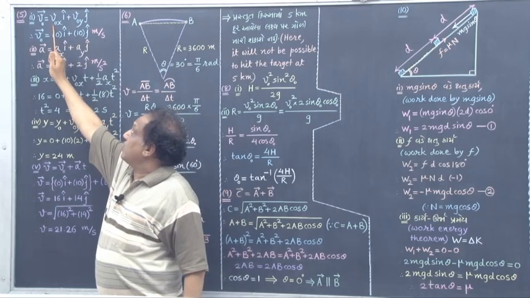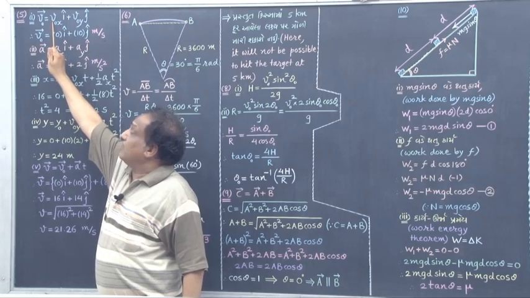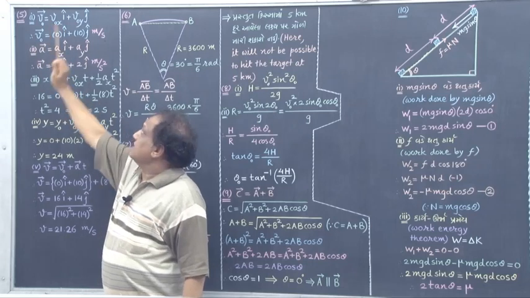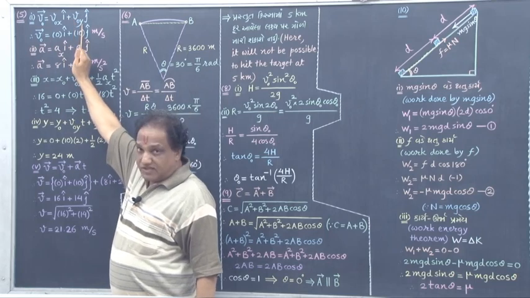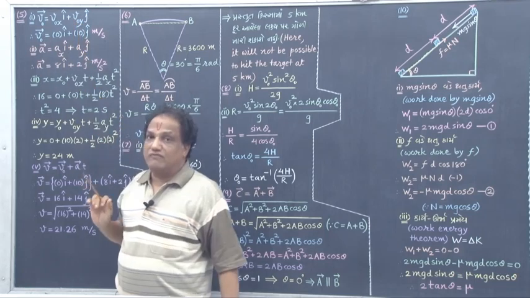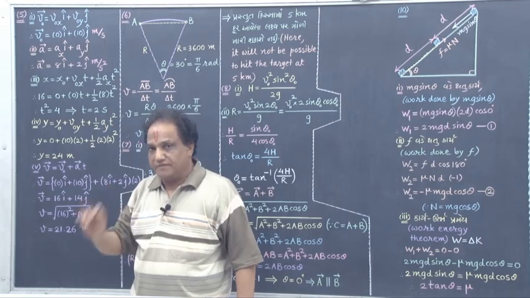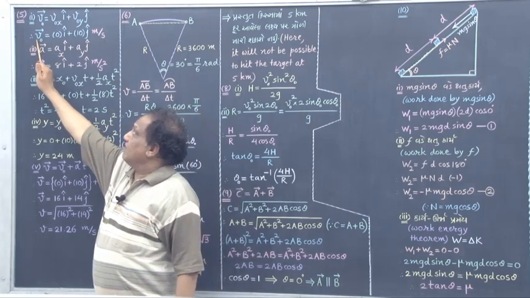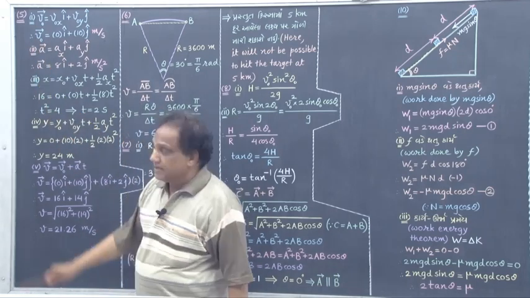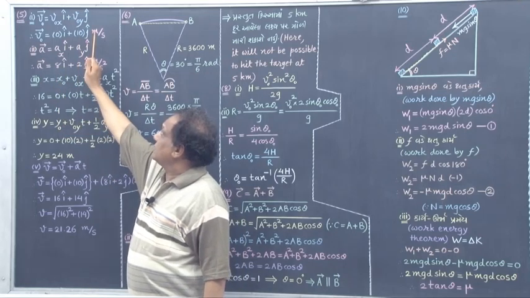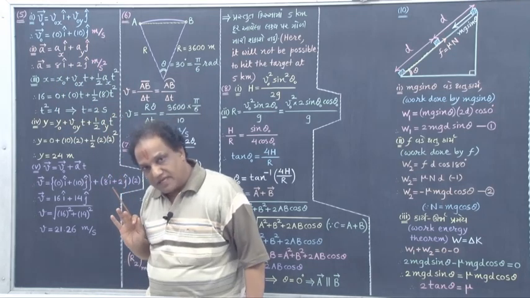What is this v0x? It is the x component of initial velocity. Similarly, v0y is the y component of initial velocity. Got it? Fine. At present, you are given initial velocity as 10 j hat meters per second, correct?